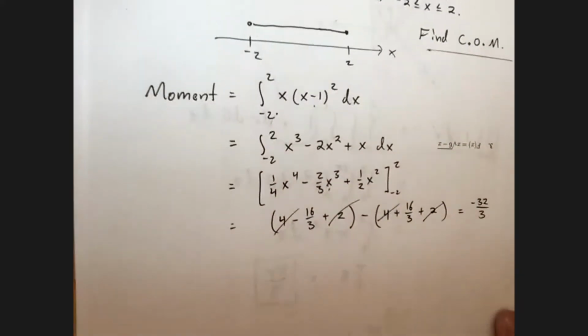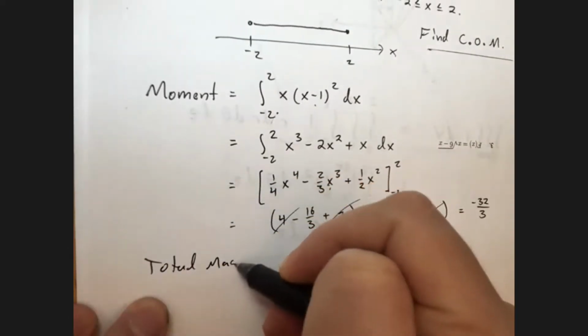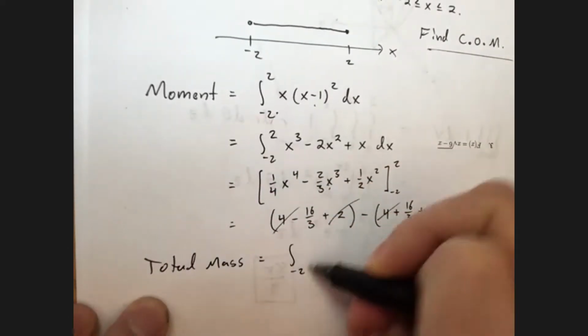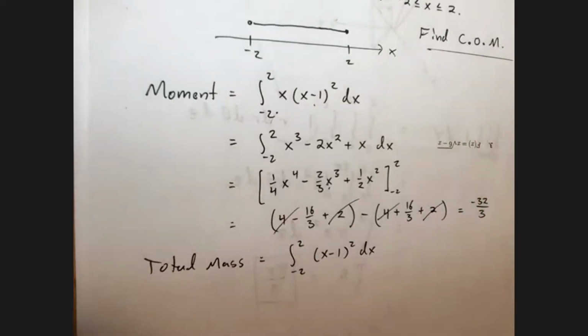We also need to get the total mass. Well, that's just the integral from -2 to 2 of (x minus 1) squared dx. I'm just going to use Maple to do that one.